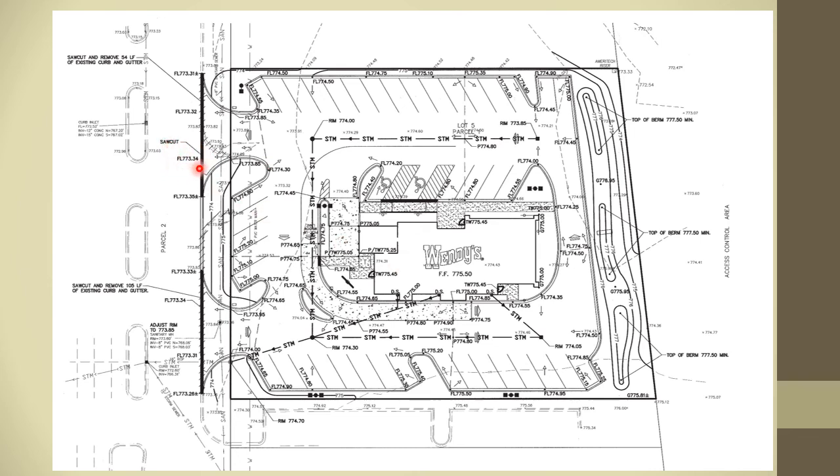The dark or bold numbers, as well as the solid and dark lines, indicate proposed elevations. Notice here's my 774 existing elevation, and it picks up from here and we find 774, then 775, 776, and 777, and the top of the berm is 777.50.